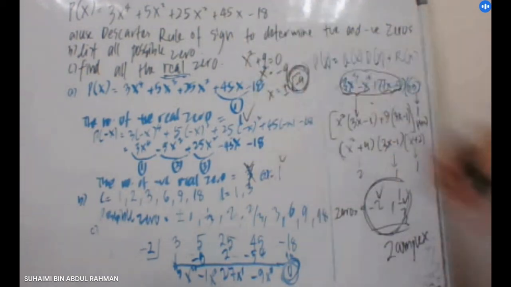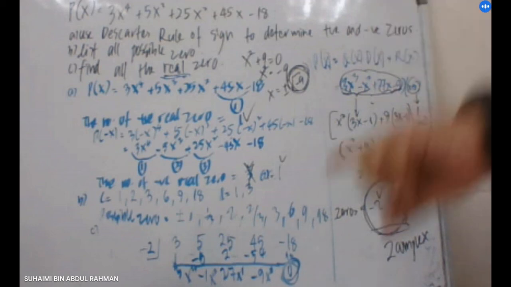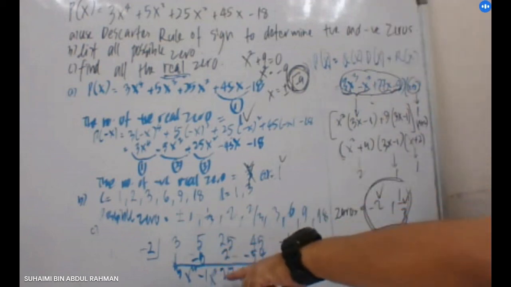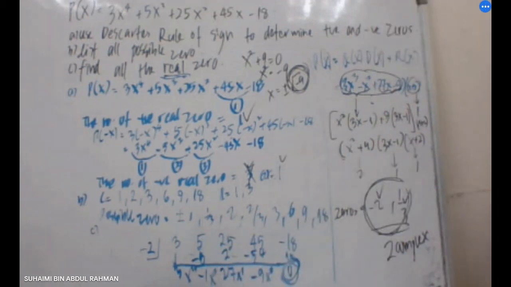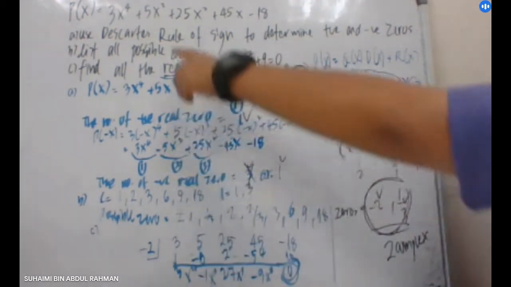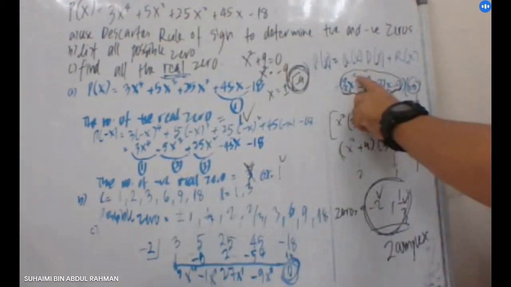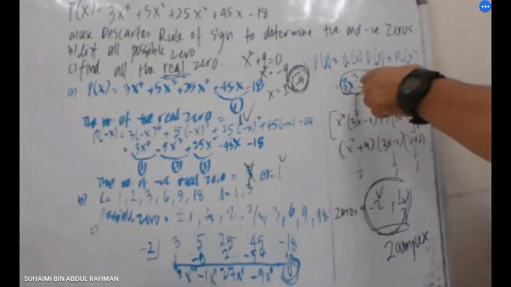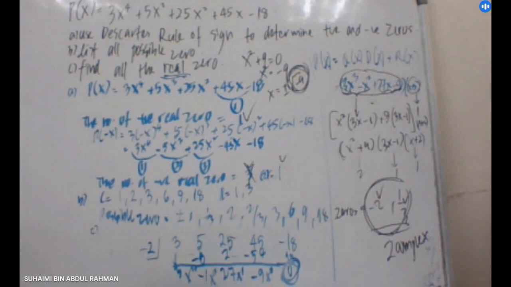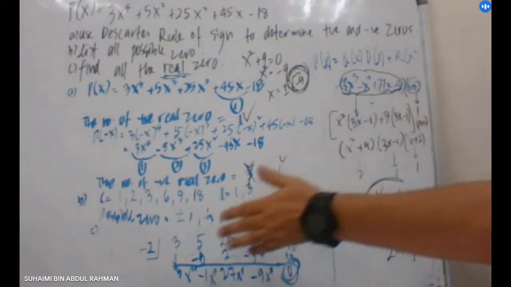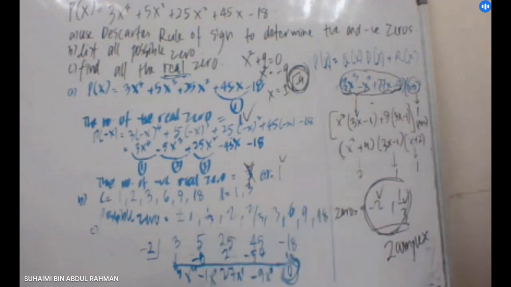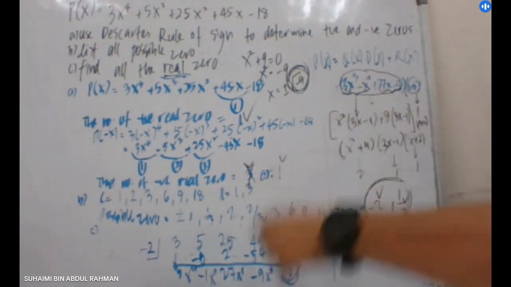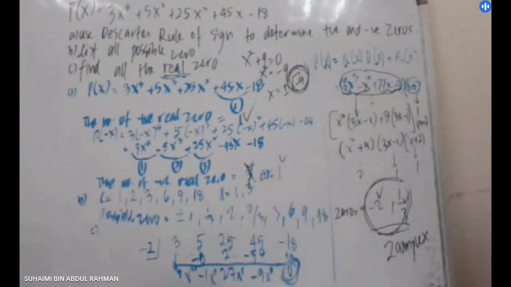But if the degree is more than 3, like 4, 5, 6, then definitely we need to use synthetic division, which means that we reduce. You see, we start at x to the power of 4, we reduce to x to the power of 3, and then if we do it again, we reduce to x to the power of 2. But from here we can already factor, so no need for another synthetic division. If we still cannot factor, we do another synthetic division.